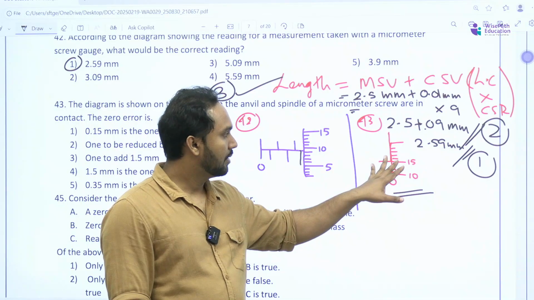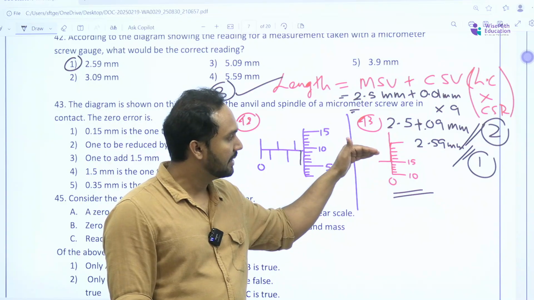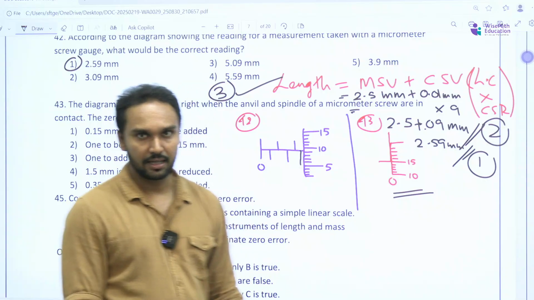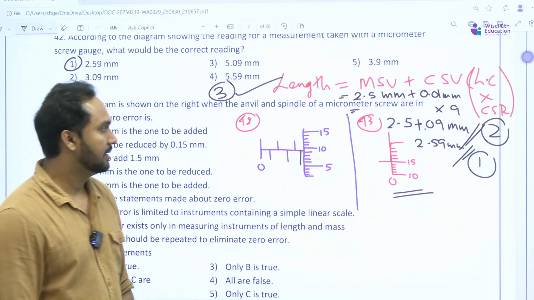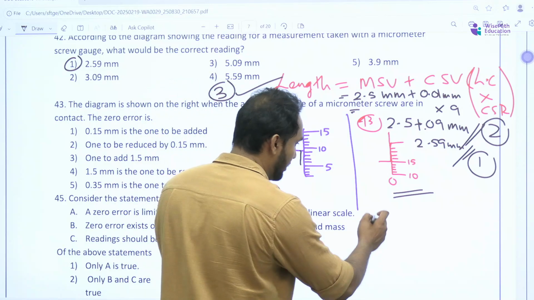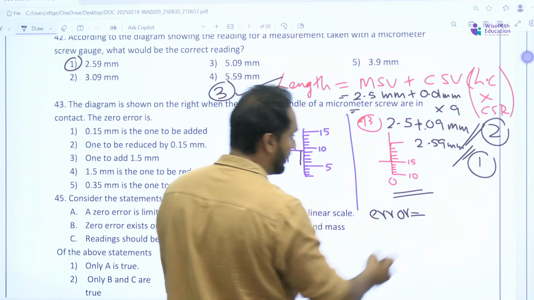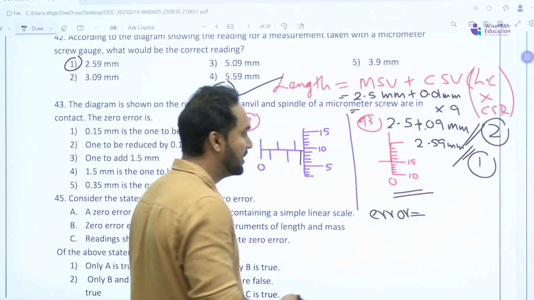When the anvil and spindle are in contact, the midline is at the 15th reading of the circular scale. So how do you calculate the error here? It's a positive zero error. If it is a positive zero error, just calculate the error like you calculate a measurement.